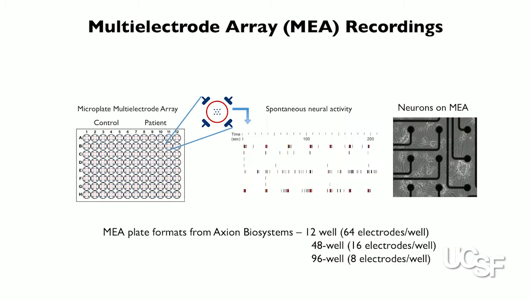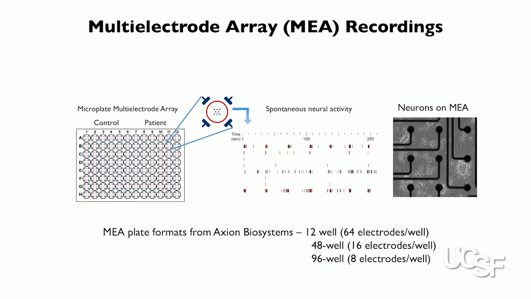And then furthermore, we want to see what the activity of the neurons from this patient is, whether they have activity as we observed before in the in vivo model. So the assay we took is called multi-electrode array recording. This platform is from Axion Biosystems and is quite powerful.